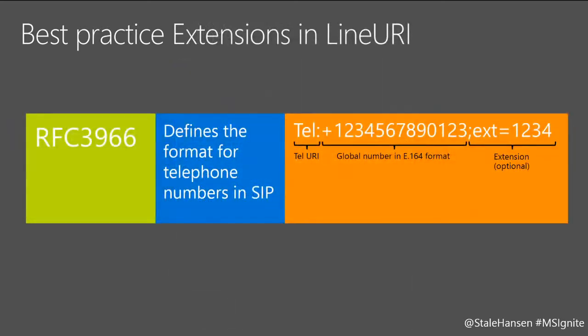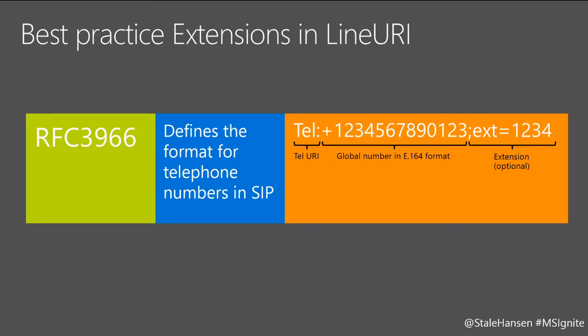And then you have extensions. And extensions are part of the line URI that we use in typical SIP-based telephony systems. It is part of this format where you have tel colon and you have the E164 formatted number, and then you have the extension.